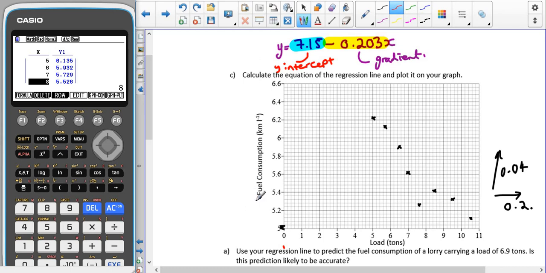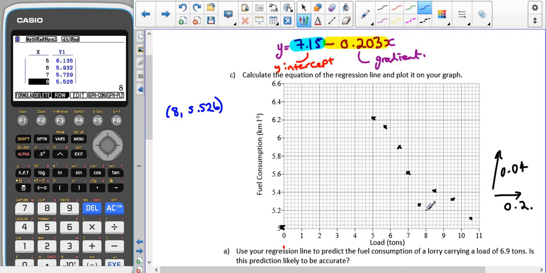Because the scale on the y-axis is quite difficult to use, I want to choose some fairly easy to plot numbers. You only need to choose 2 values in order to draw a straight line. So I'm going to choose the 8, 5.526 as one of the points.